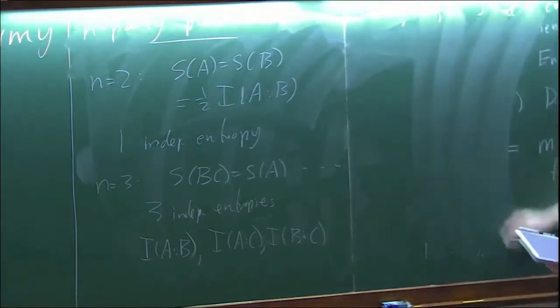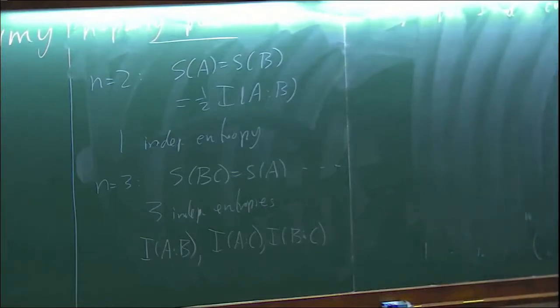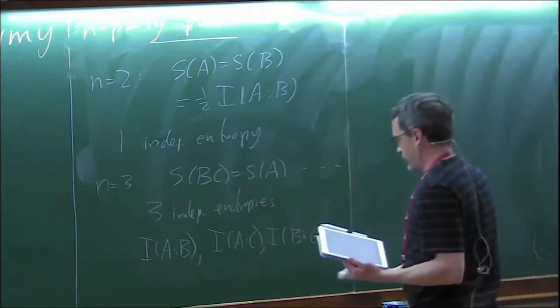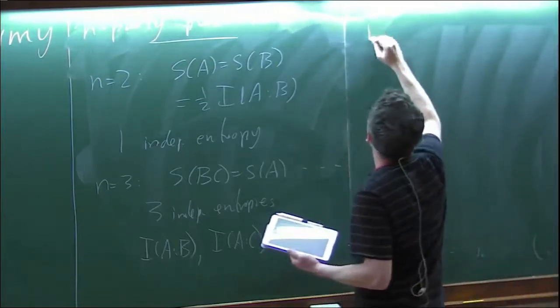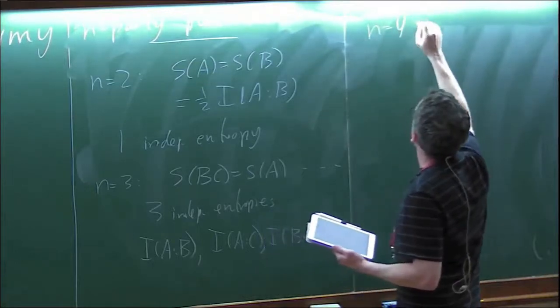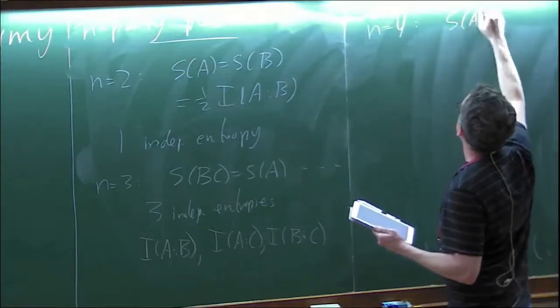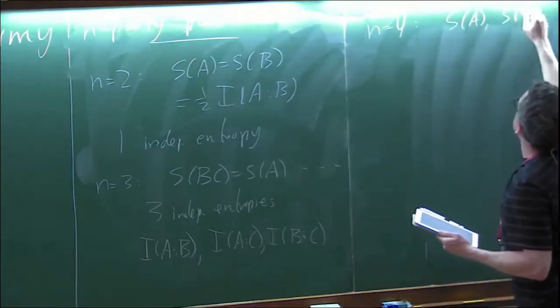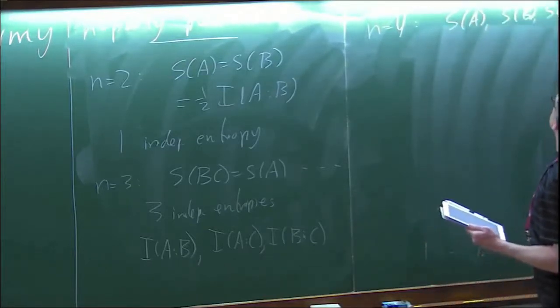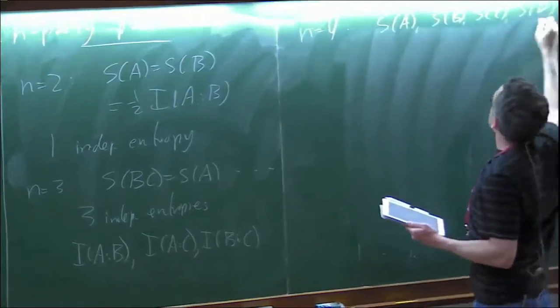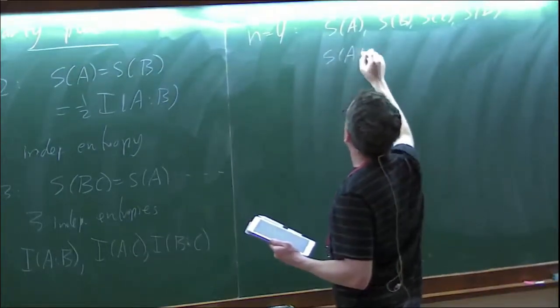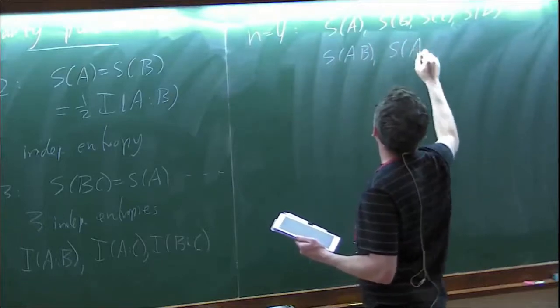For 4, what do we have? Well, we have these four single-party entropies. And then independently, we have these two-party entropies.